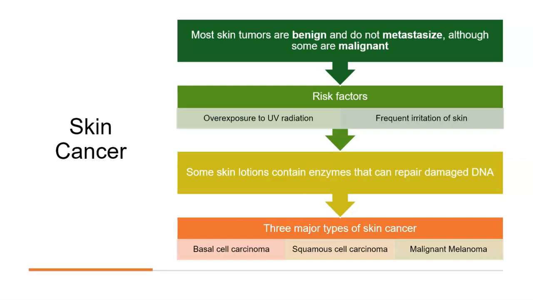There is a gene called P53. When that gene is normal, it's all good. But when it's mutated, it has been identified as a risk factor for many types of cancers, including skin cancer. So overexposure to the sun is the predominant factor in the development of almost all skin cancers.